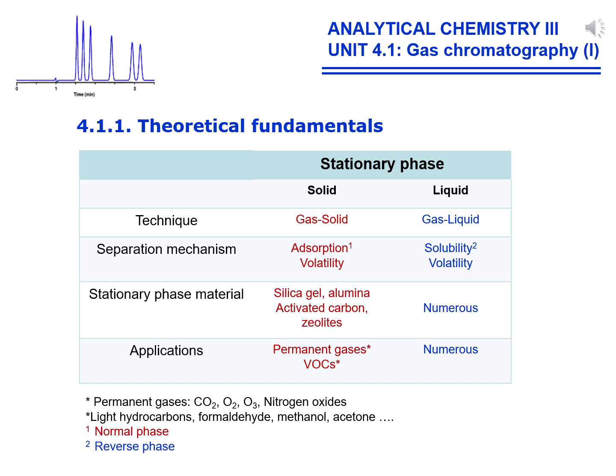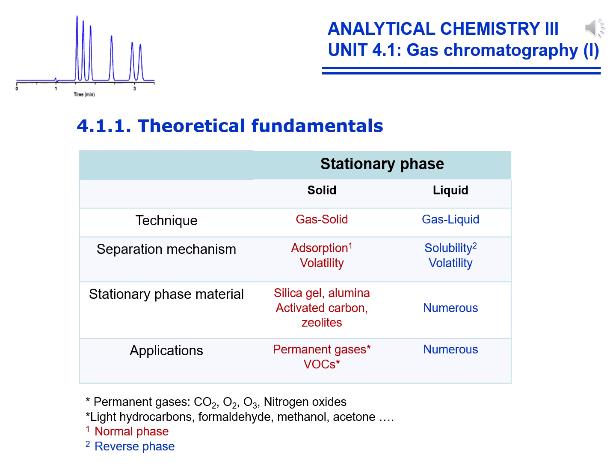In gas-solid chromatography, the main separation mechanisms are: first, the equilibrium caused by adsorption and desorption on the surface of the particles that form the solid support, and second, the differences in volatility of the solutes. The materials most commonly employed as stationary phases in this kind of chromatography are silica gel, alumina, activated carbon, and zeolites.